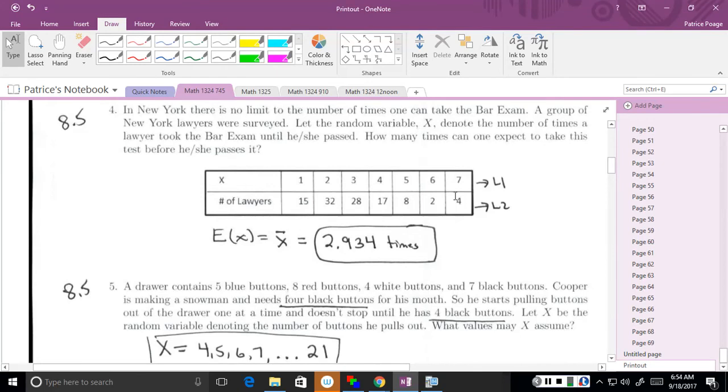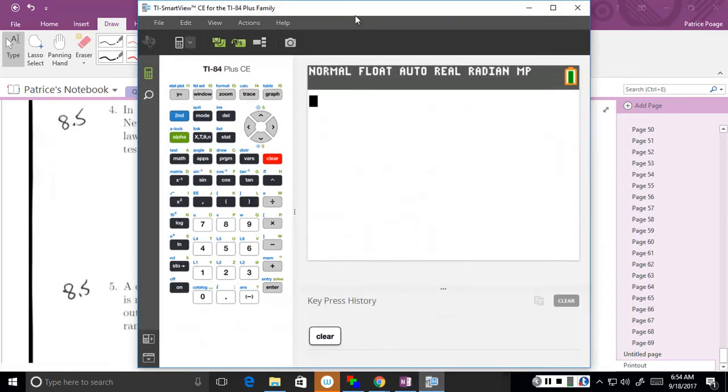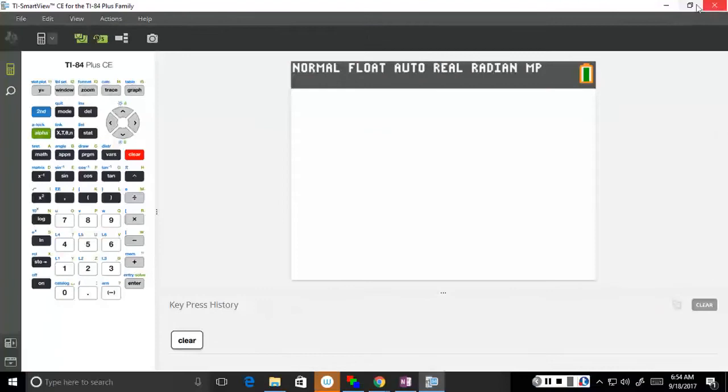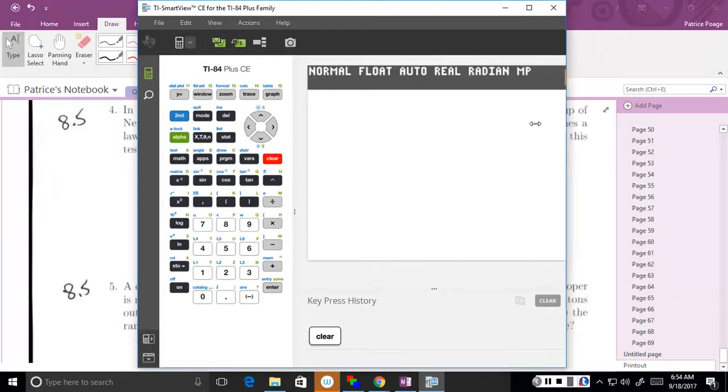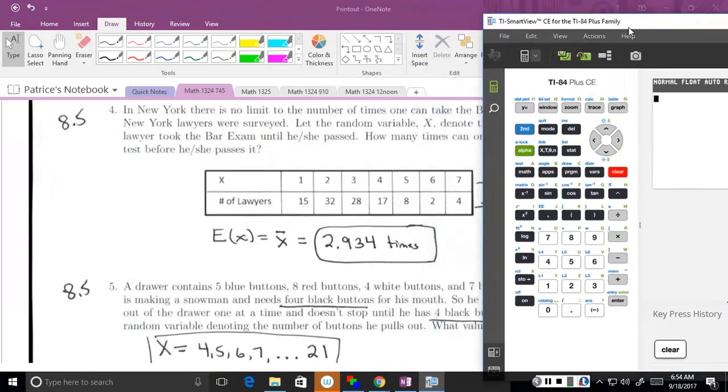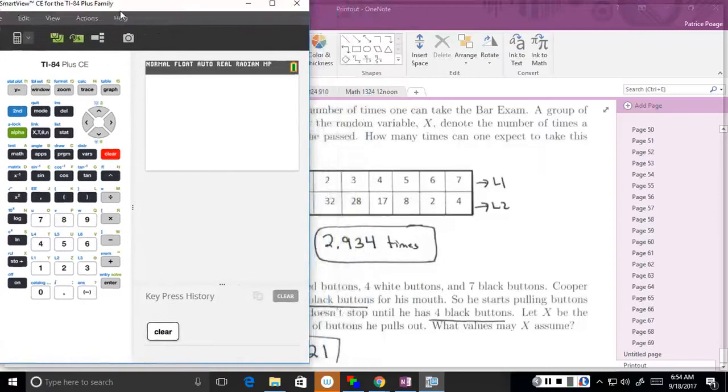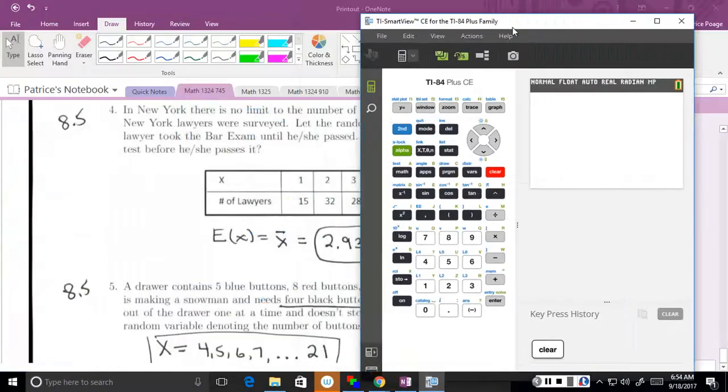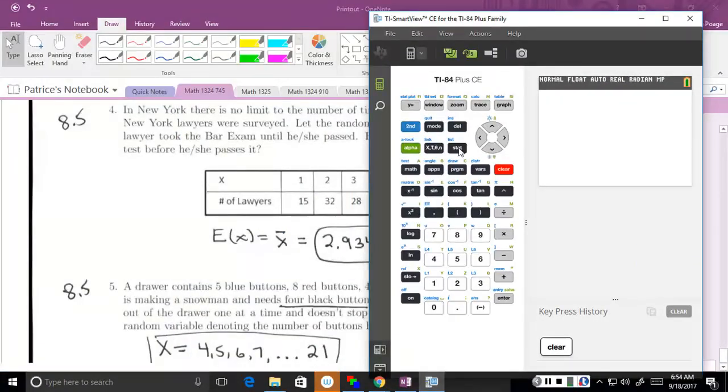So I'm going to put my X values in list 1. So here's my calculator. Okay, I'm going to make it smaller actually. Okay, I'll put my X values in list 1. So I'm going to go to stat, over to stat edit.